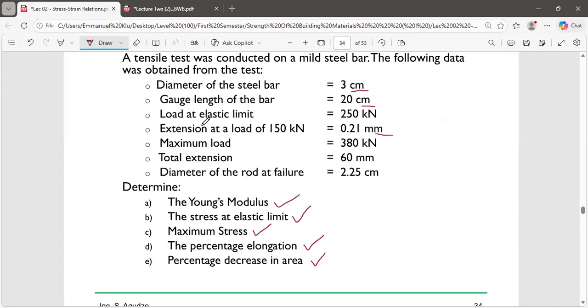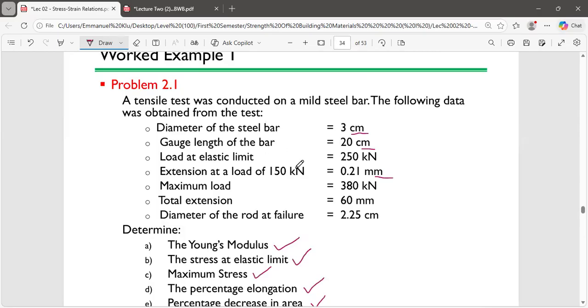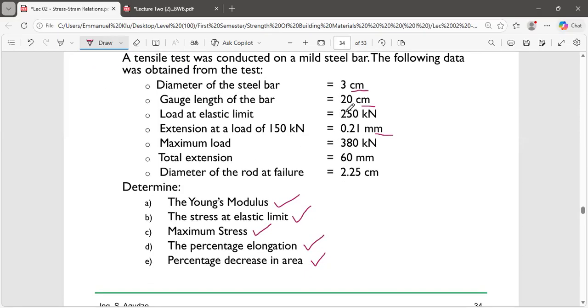Can you see the question I'm using over here? Look at the question I'm using. 250.